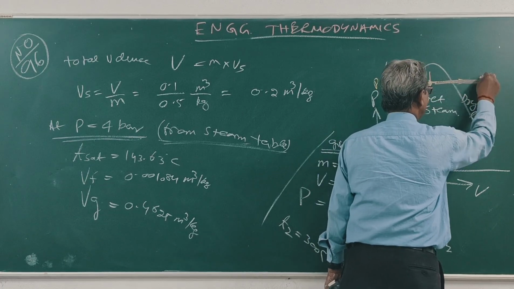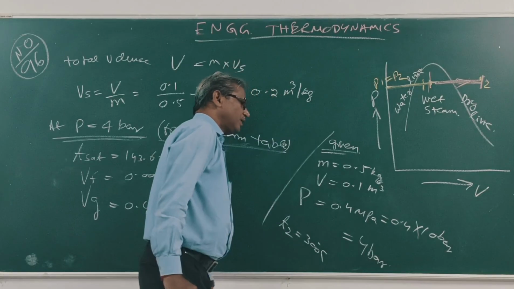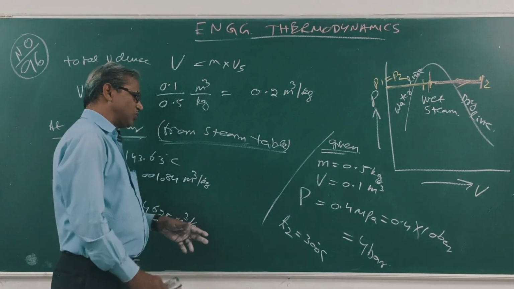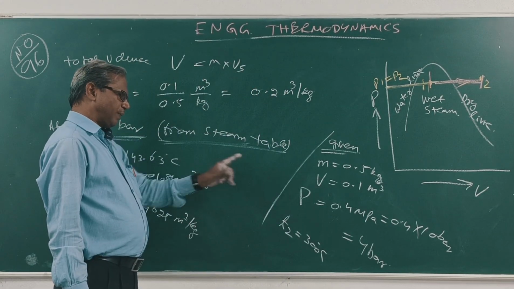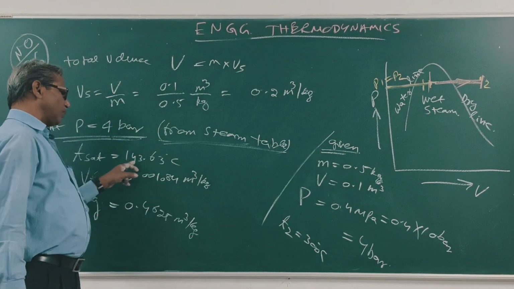At P1 equal to 0.4 megapascal, which means 4 bar, T is equal to 143.63.